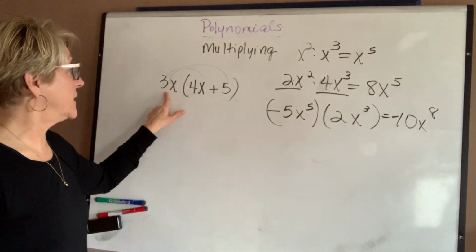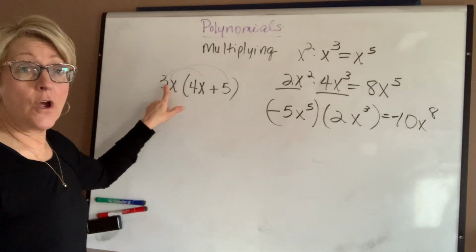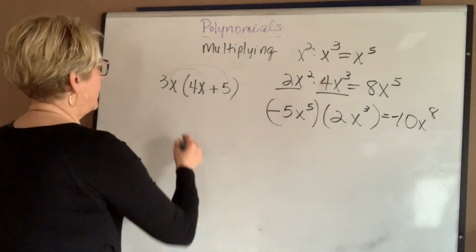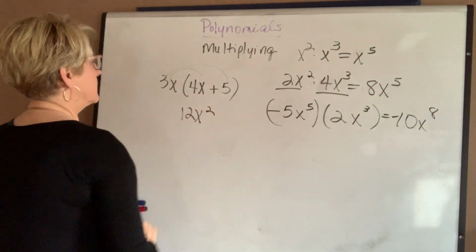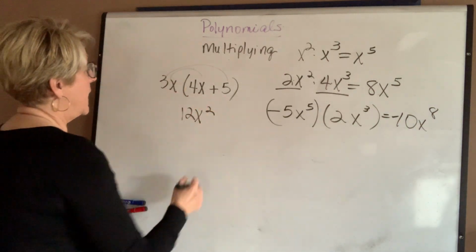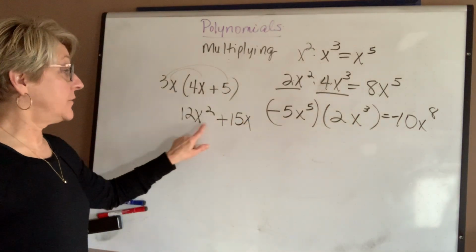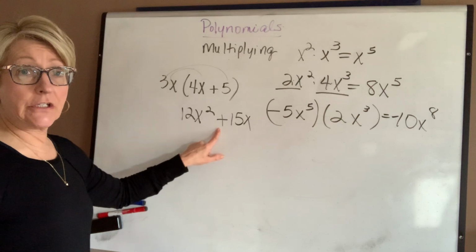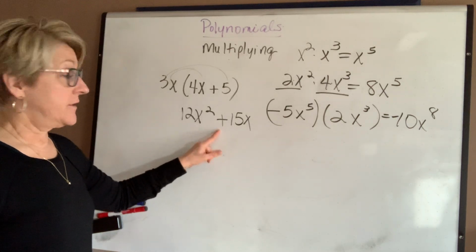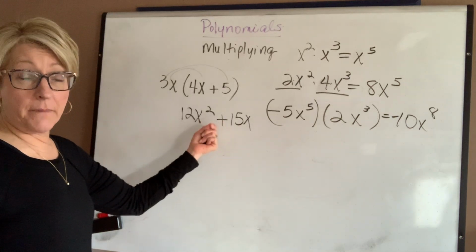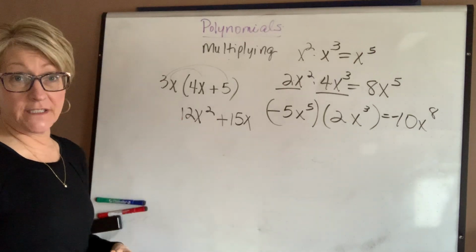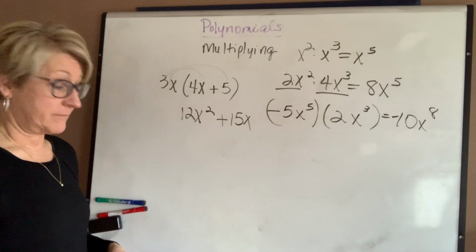All right, so we're going to distribute 3x to 4x, or multiply 3x times 4x and 3x times 5. And these two terms, separated by this addition, are not like terms, and so we cannot add them together or combine them. So that is as good as it gets.